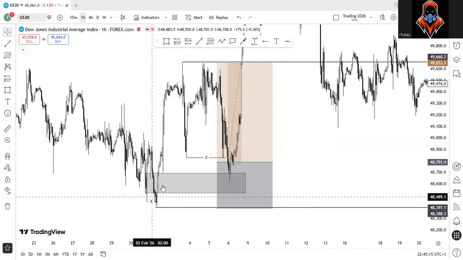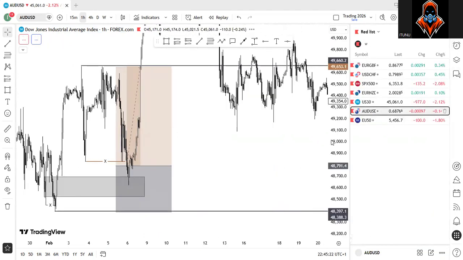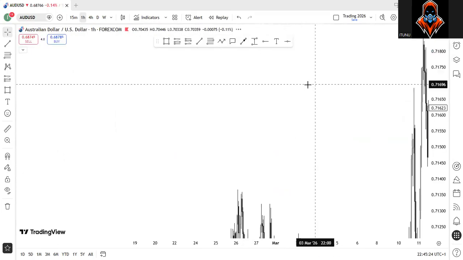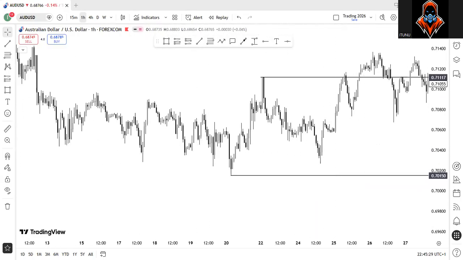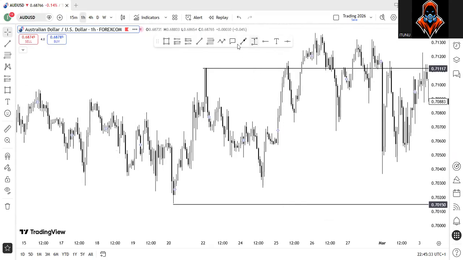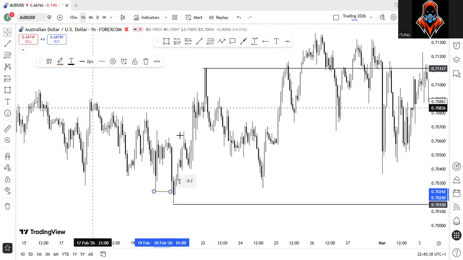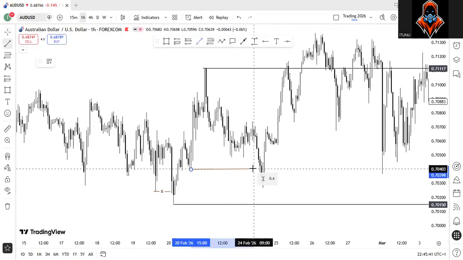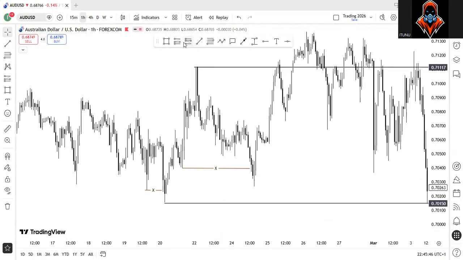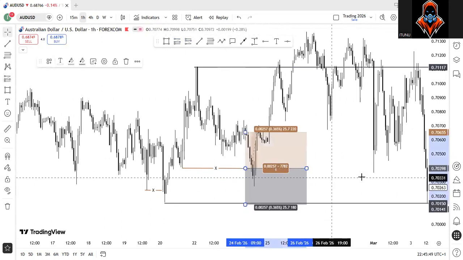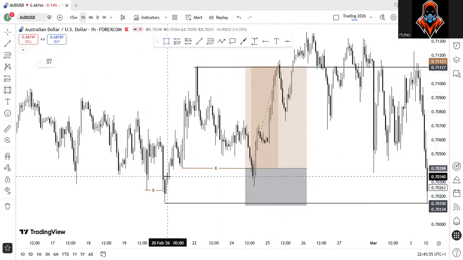My liquidity, my sweep, my order block, and oh, the ADSD, sweep, liquidity, order block right here.